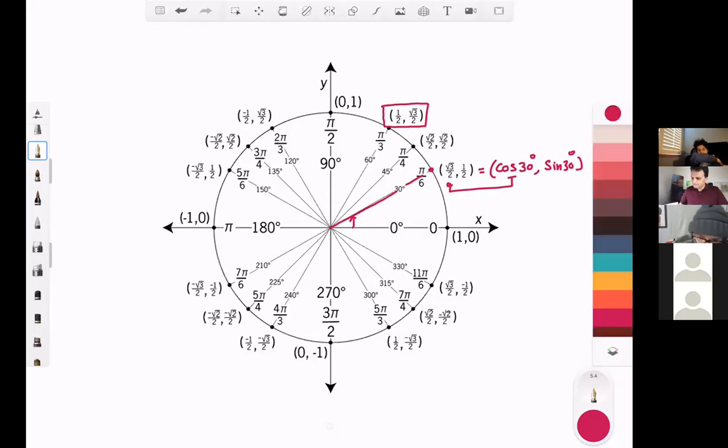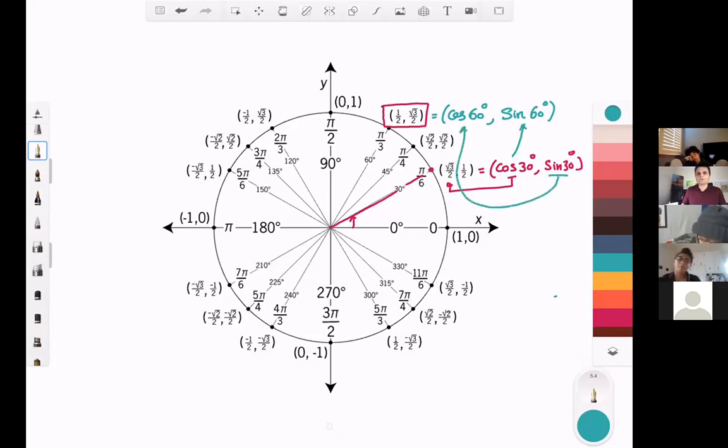This is cosine of 60 degrees, comma, sine of 60 degrees. So this makes it easy for us to memorize. Because if you memorize one of them, 30 and 60, they changed. So cosine of 30 is the same as sine of 60, and sine of 30 is equivalent to cosine of 60.